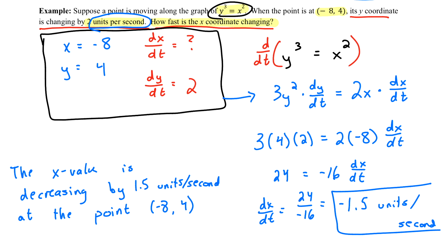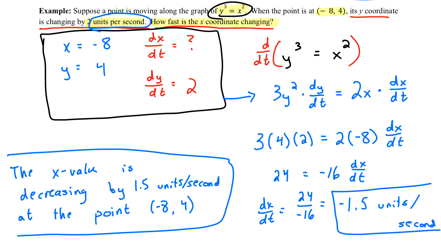So that's actually what's happening, is the x value is decreasing by 1.5 units per second. Most of the problems that you'll be doing in my math lab, you'll probably just need to give a rate in this case, so units per second. That would be enough. But if I want to think about what that means and just take it one step further, I do think that's a really helpful approach and a really practical approach when we look back and think about our answer, what it is that we've actually solved for.